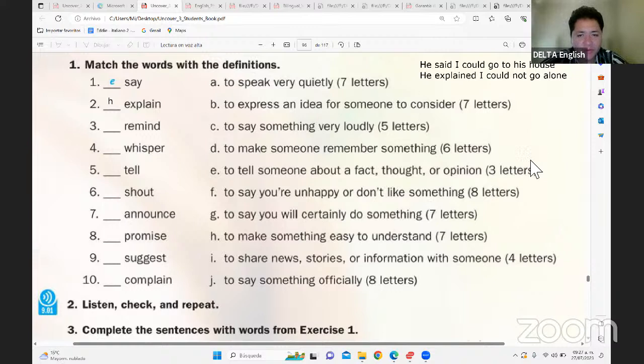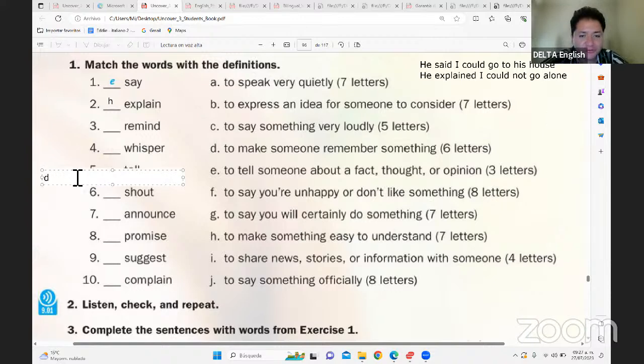So remember is when I tell you remember, it means you have the memories. When I tell you remind me, it means I want to make you remember, right? Remind is make someone remember. So remember is acordarse, and remind is recordar a alguien o recordar algo. So that's the difference. Exactly, that's letter D.